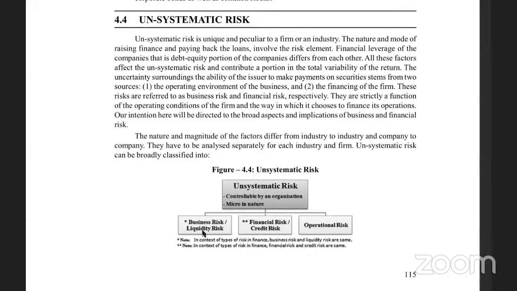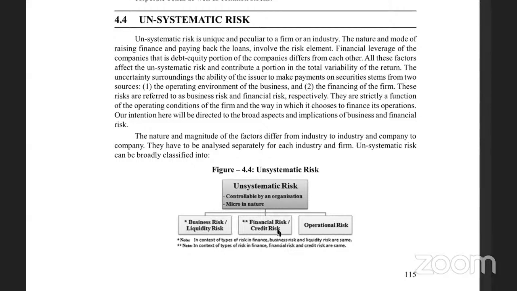In due course, as you are liberal in extending credit, your creditors and suppliers are not liberal. They will be after you to collect money for the goods they have supplied. You want money to pay for so many obligations, but your customers are not paying because you are very liberal to your customers. That's called liquidity risk.